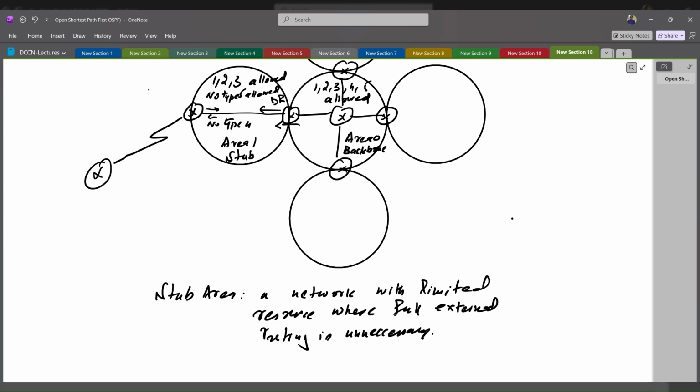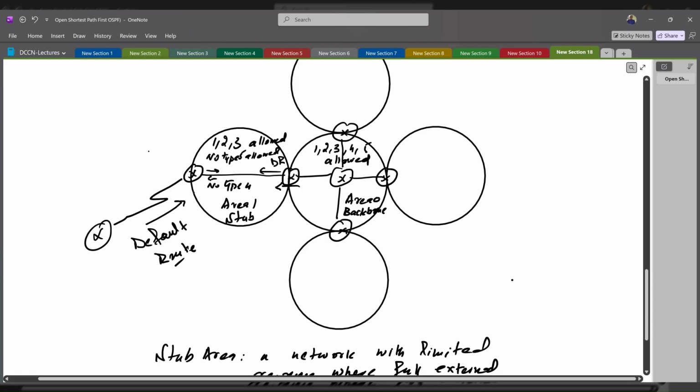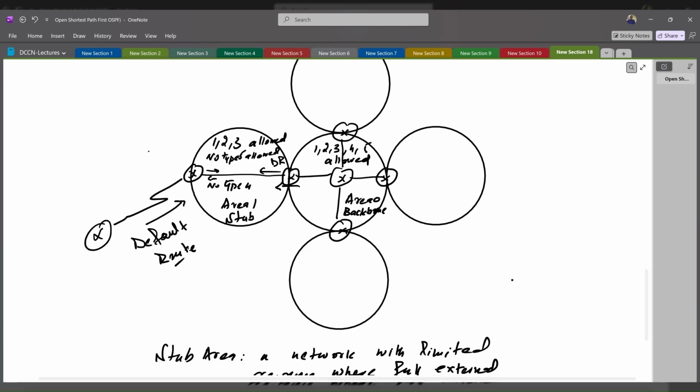Okay, right? So then we have this question: how will the external routes be injected inside this area? For that, we can use a default route. Okay, so stub is an area where we have limited resources, right? And full external routing is unnecessary.